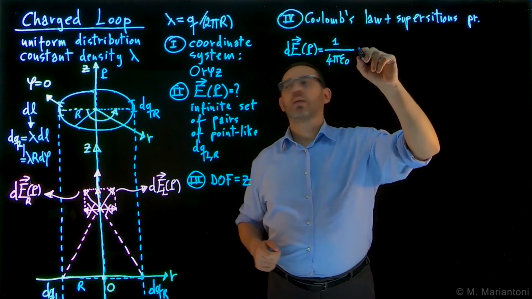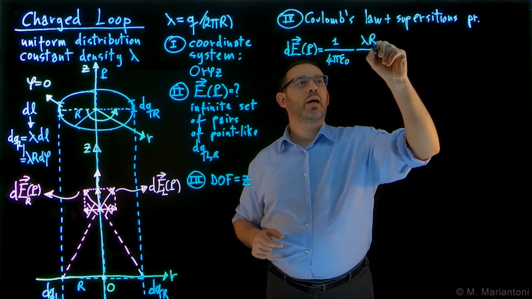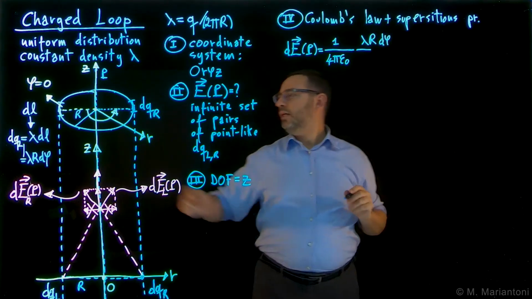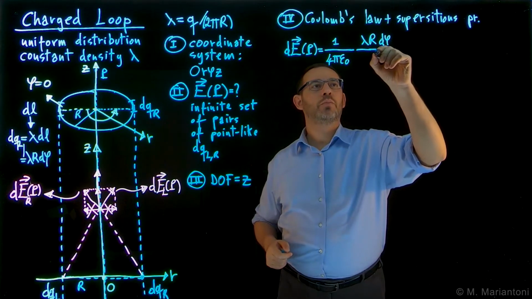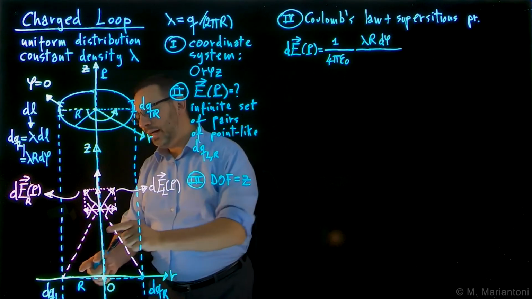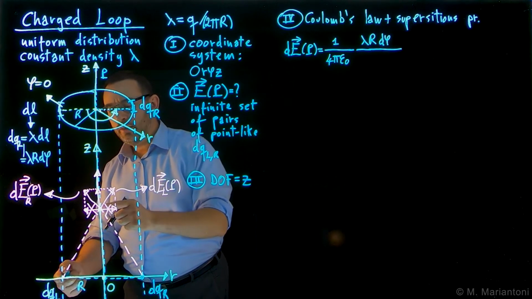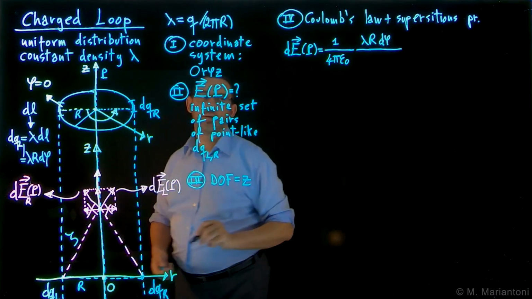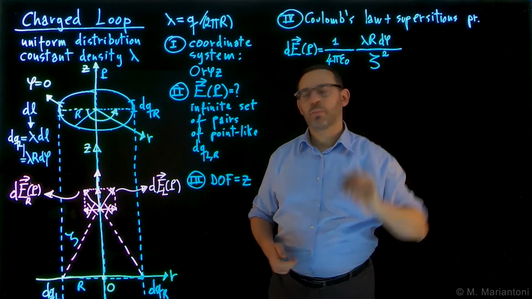Then we are going to have the charge dq, which is lambda times dl, which is R d bar phi, capital R d bar phi is our charge dq. This has to be divided by the distance square between the source charge and the observation point. Let's call this the Greek letter z. And so it has to be divided by z quantity square.